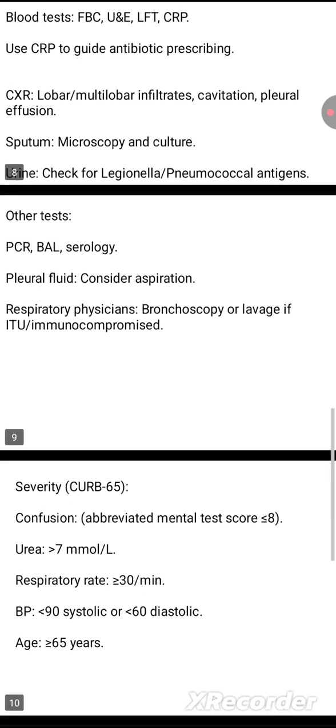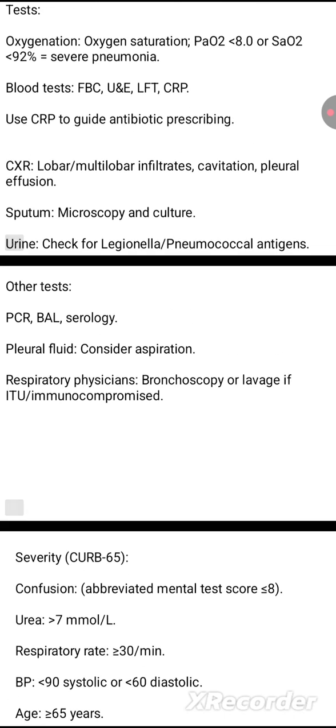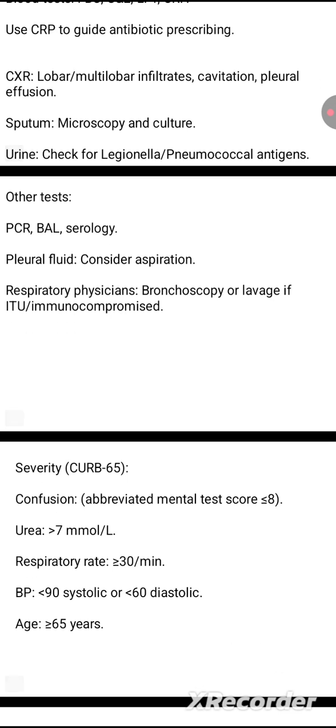Sputum to be done: microscopy and culture. Urine, check for Legionella, urine MCS, microscopy, culture and sensitivity, for Legionella and Mycoplasma, pneumococcal antigen.